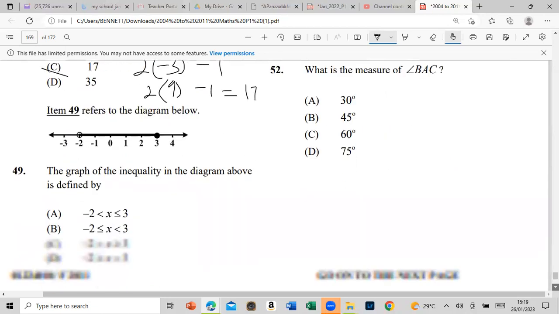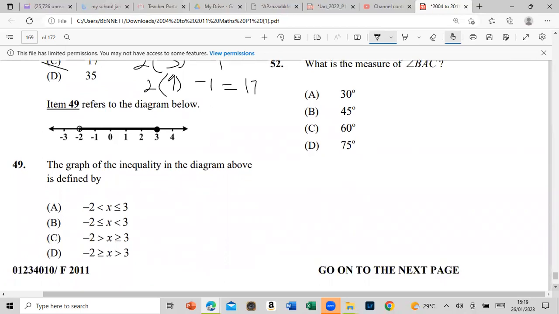Alright, 49, and then we have 10 to go. I can't wait. Item 49, refer to the diagram below. The graph of the inequality in the diagram above is defined by, so we know that it's A. Let me tell you why. The fact that it is open means less than, and this one is greater than.